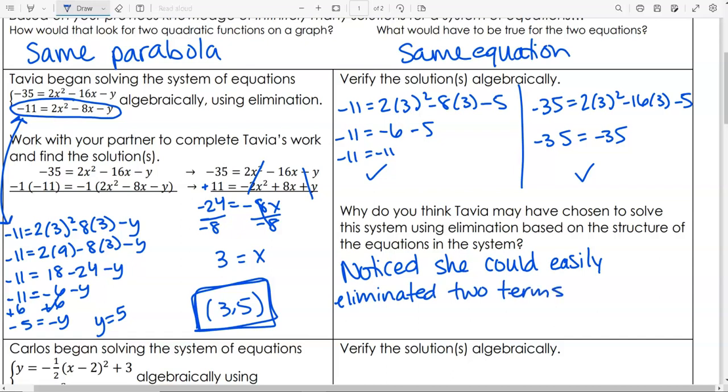It was the x squared and the y, because they were almost the same thing. All she had to do was multiply one piece by the negative 1, right? By multiplying by negative 1.